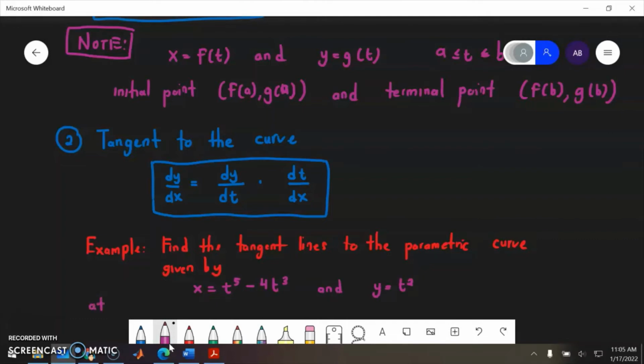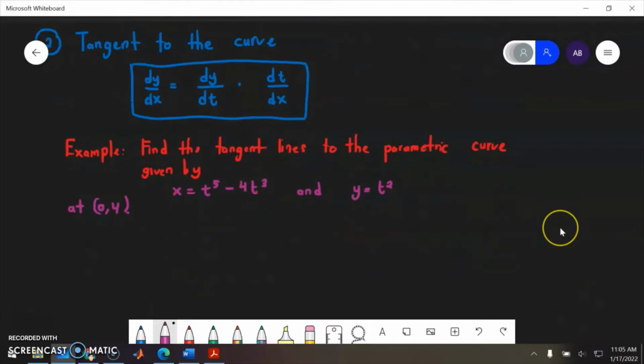Let's give the point at 0, 4. Okay, so we have these two equations. Of course, this is a parametric equation because x equals this is our f(t), and y equals this is our g(t).